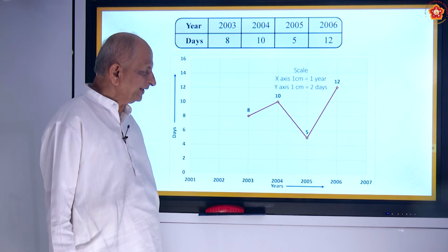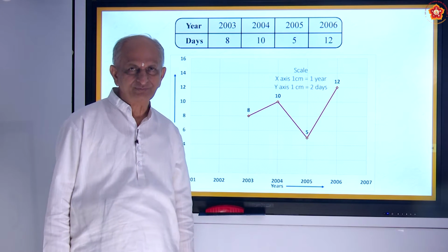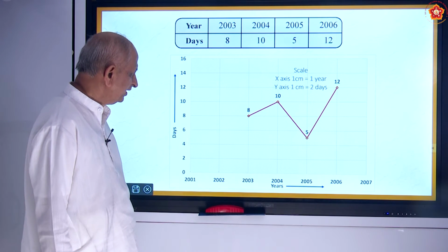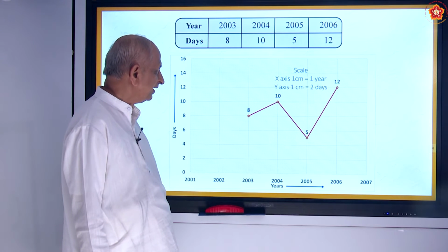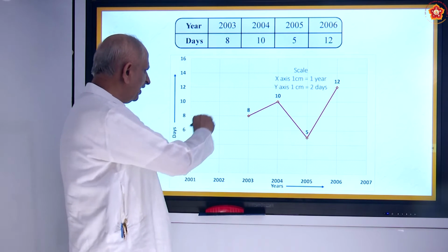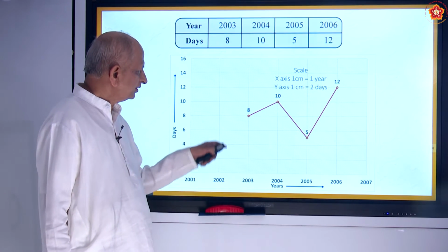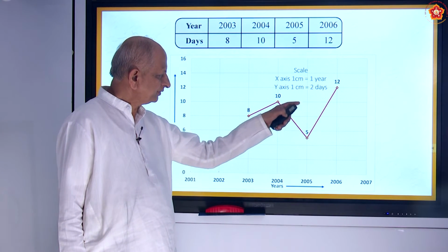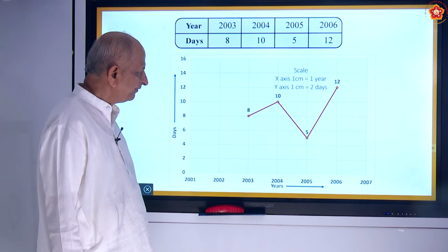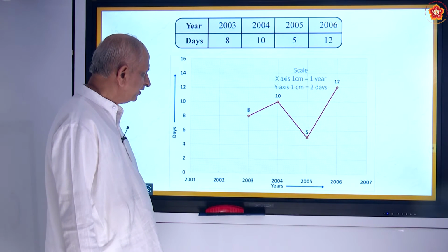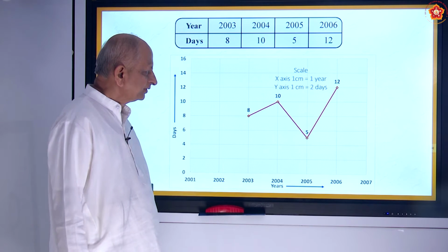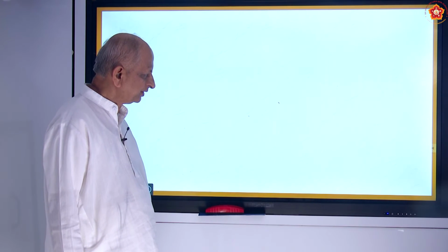In Canada and all, -15, -16 also. So, very, very chilly weather will be there, especially in winter. Okay. So, this is a graph, and this shows the number of days of ice falling on the vehicles. Okay. So, we will pass on to the next question.